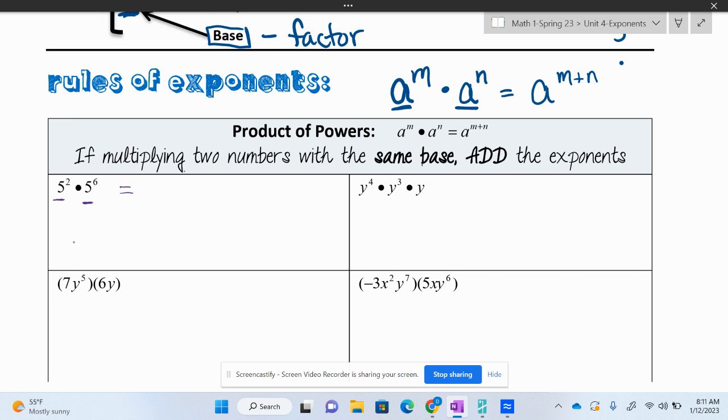Yes. So we keep the base. And then since we're multiplying, we add the exponents. But what is that when we simplify it? 5 to the what? 5 to the eighth power.